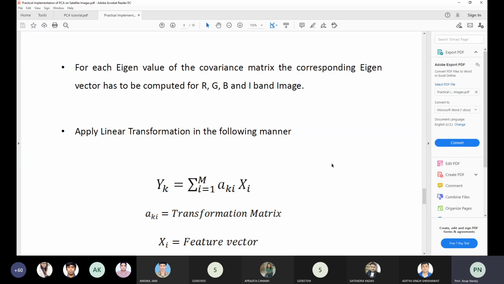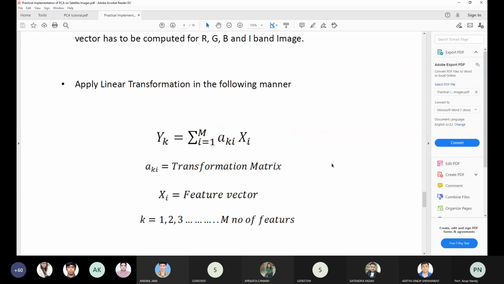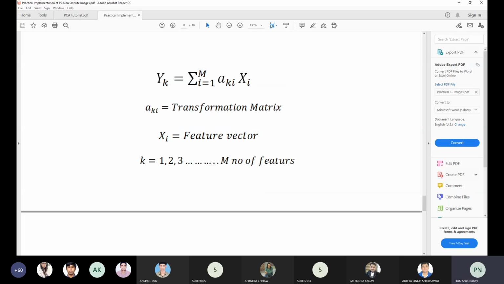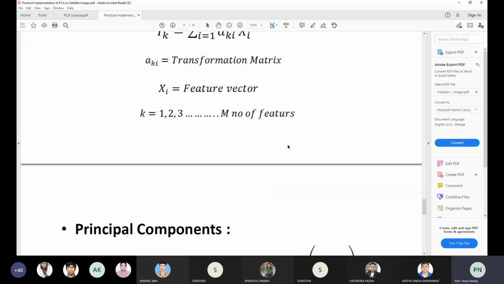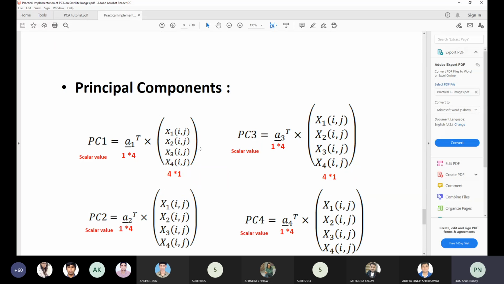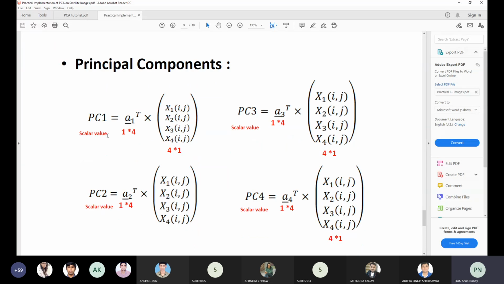Now a1 transpose is 1 cross 4, and 1 cross 4 into 4 cross 1 gives only a scalar value. Here x is equal to the features 1, 2, 3, and xi is the feature vector. Now you need to compute these. The first principal component is PC1 equal to a1 transpose into x(i,j), which means the gray value corresponding to the first PC: x1 for the first image, x2 for the second, x3 for the third, x4.